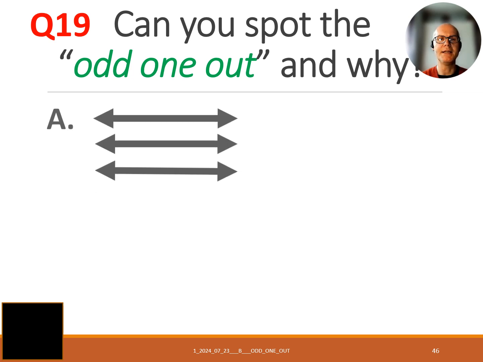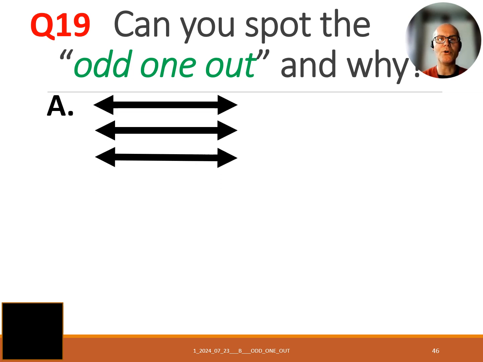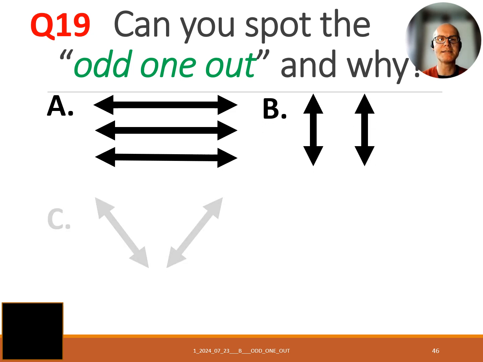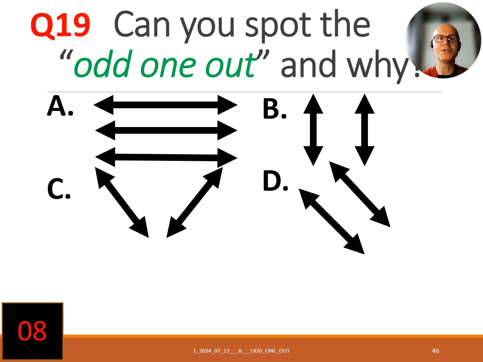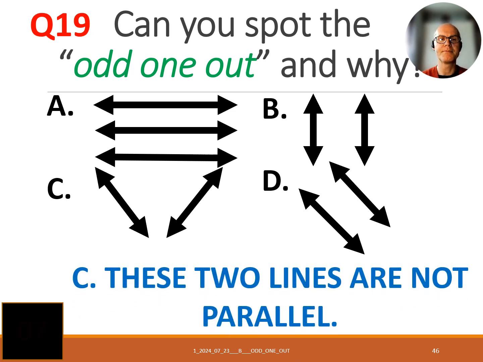Question 19. This group of lines, this group of lines, this group of lines, and this group of lines. What was the odd one out and why?